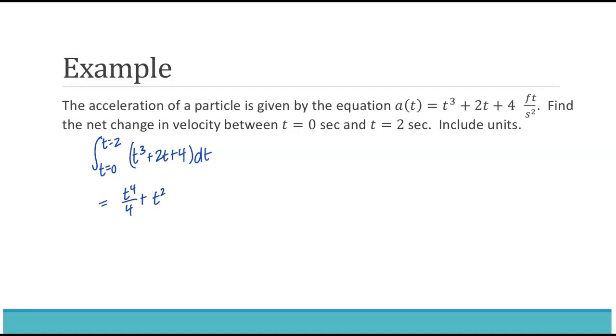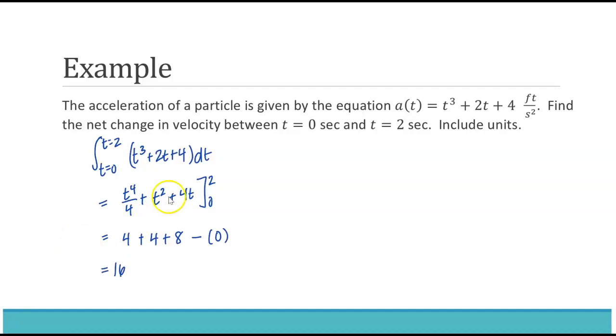The 2's will cancel, so t squared plus 4t evaluated from 0 to 2. And so if I plug in 2 here, 2 to the 4th is 16 over 4 is 4, plus 2 squared is 4, plus 4 times 2 is 8. And then when I plug 0 into those three terms, I'm just going to get out 0. So we end up with 16.